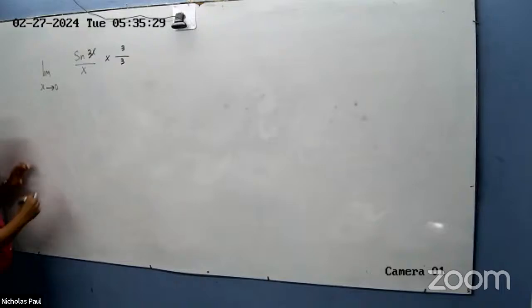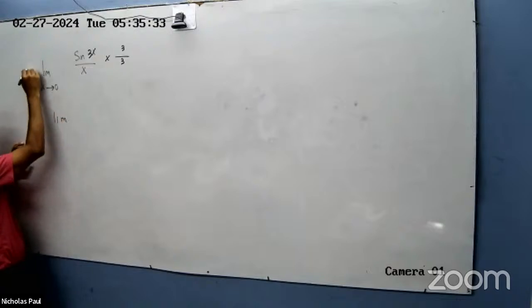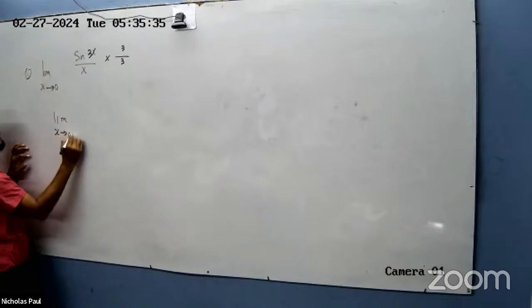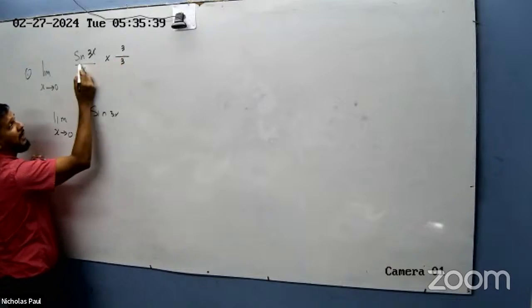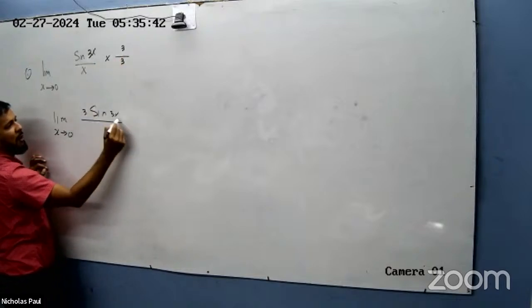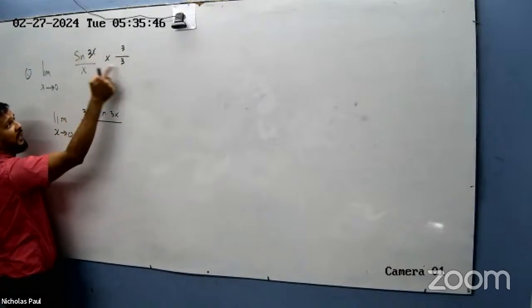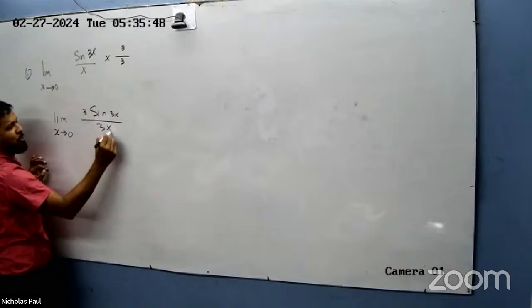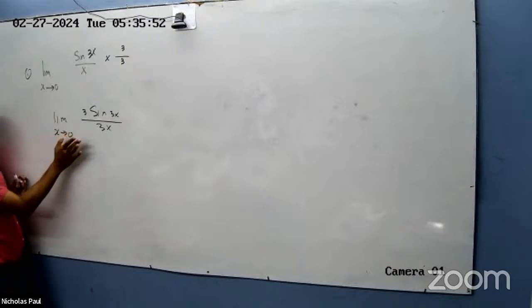So when I multiply that, I will end up with the limit as x approaches 0 of sine. So I'm putting the 3 on the outside. Remember, don't multiply 3 by this, that's wrong. It's 3 by this whole thing, and then 3 by x, which is 3x. So everything nice here so far, right?